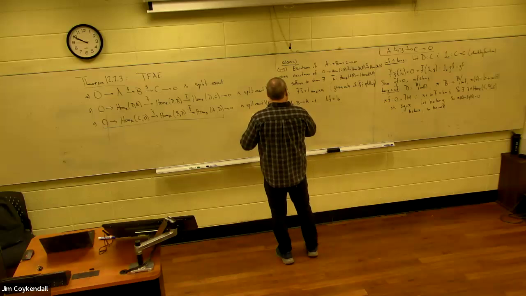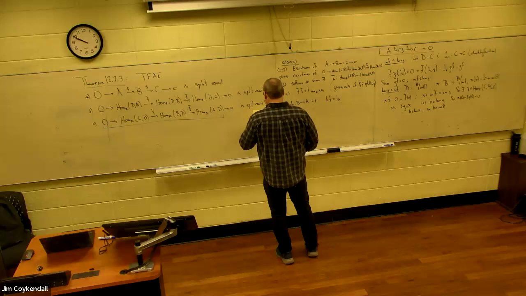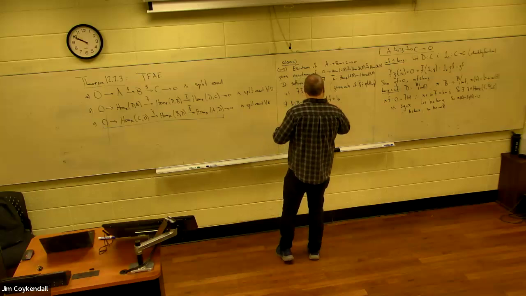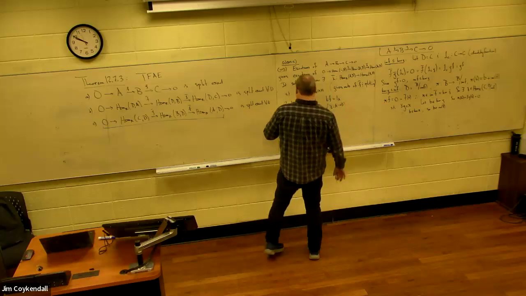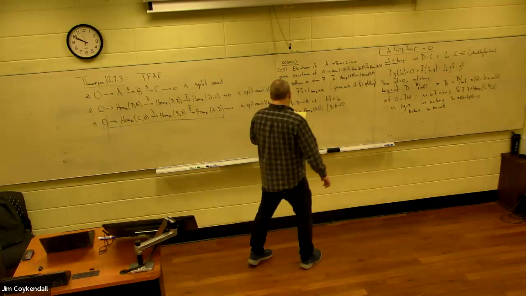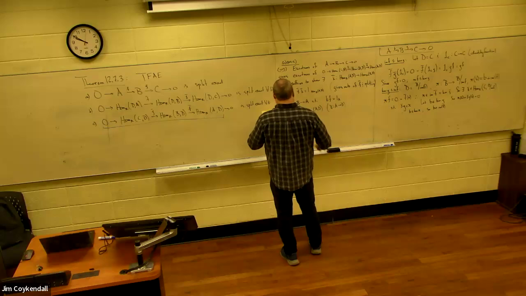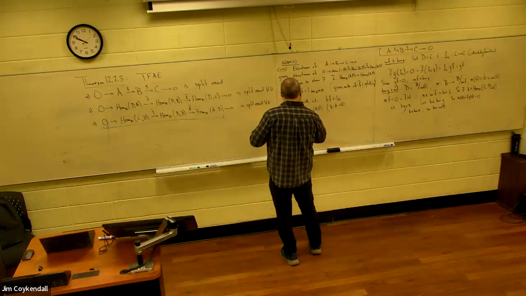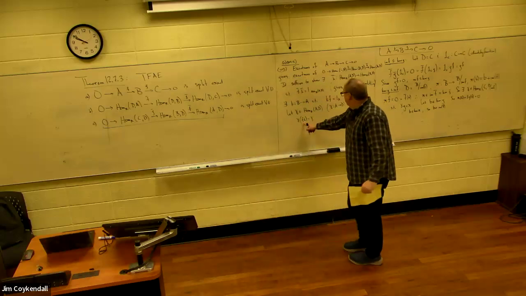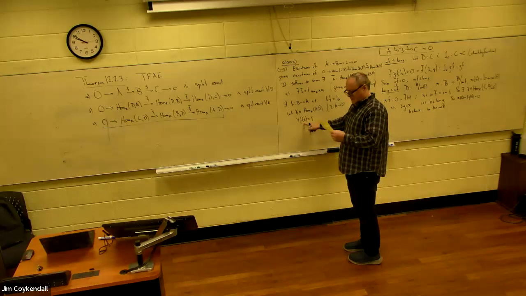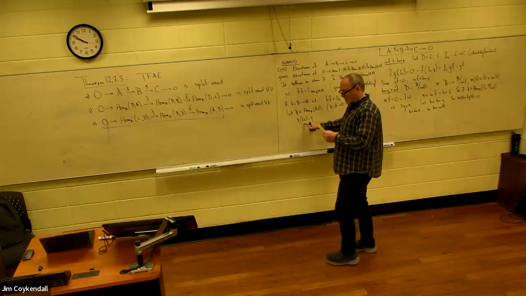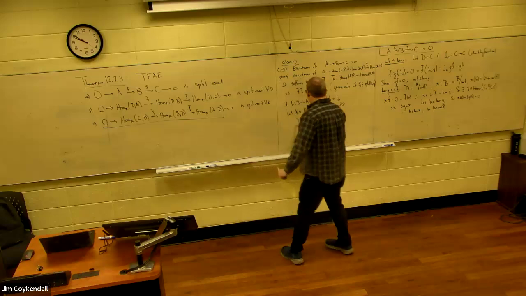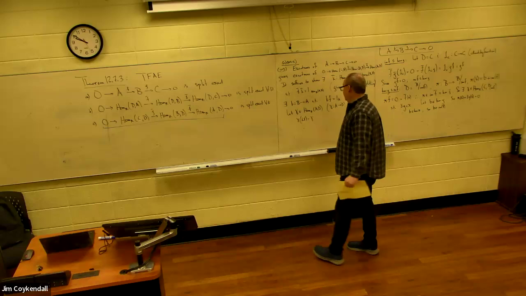Now, let gamma be in Hom RAD. So gamma, some function from A to D. Notice that gamma KF is gamma, because this is the identity.